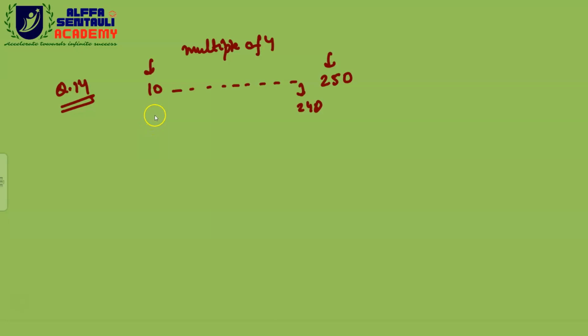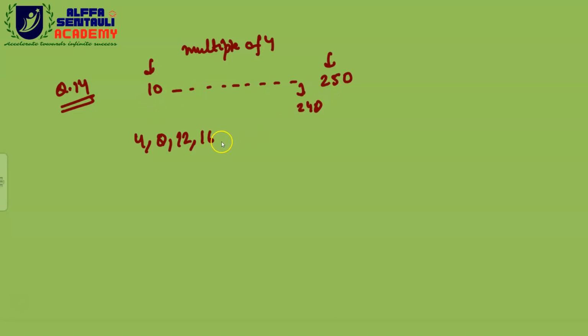Correct. If A is given as 10. Okay. So what are the multiples of 4? That is 4, 8, 12, 16. Then here, from here you have to put these numbers. They are asking beta in between 10 and 250.